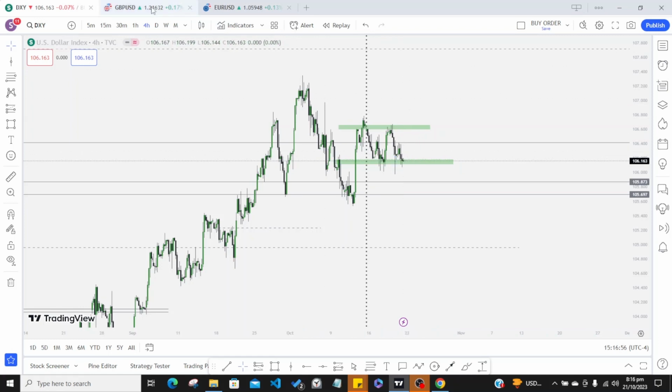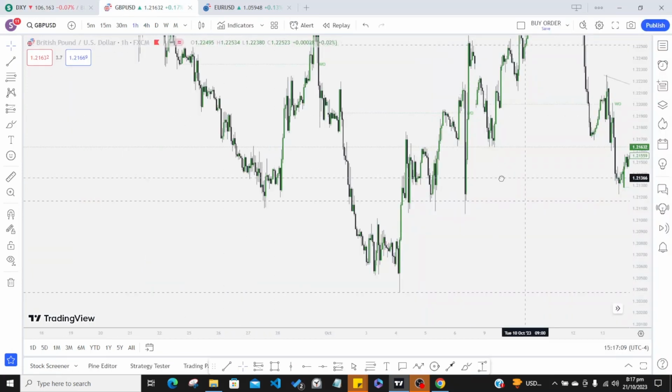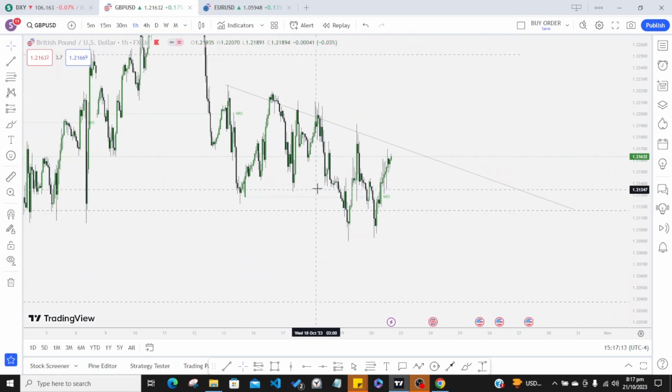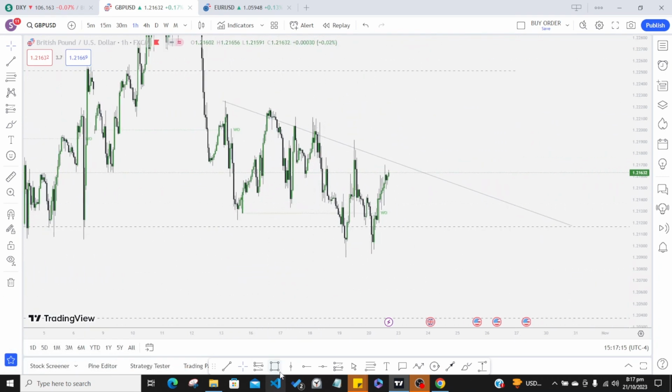So what was that telling us about what was going to happen to every dollar related currency? It wasn't going to be a clean price action movement. So going to GBP USD, we can notice this week started right here.